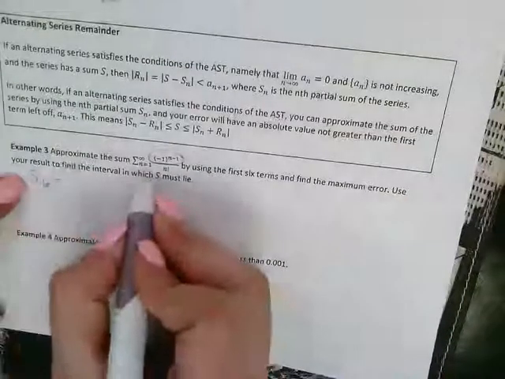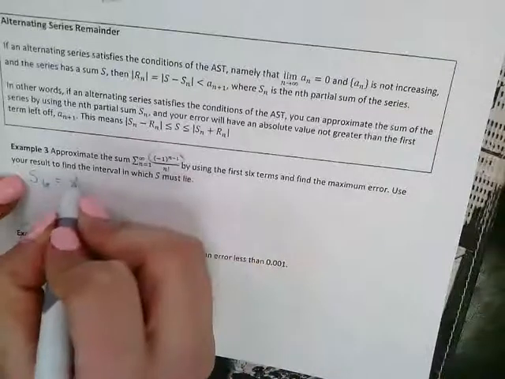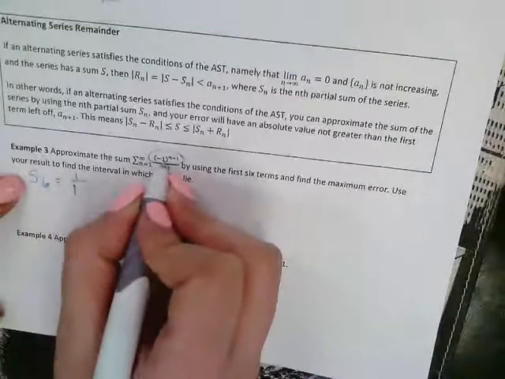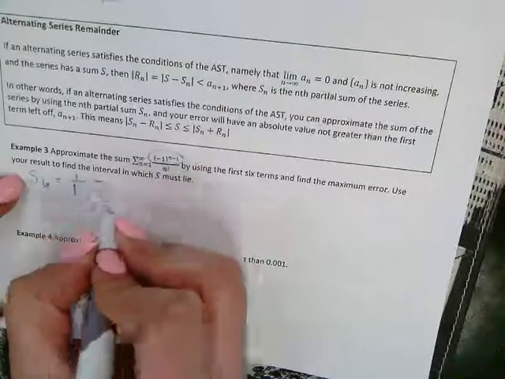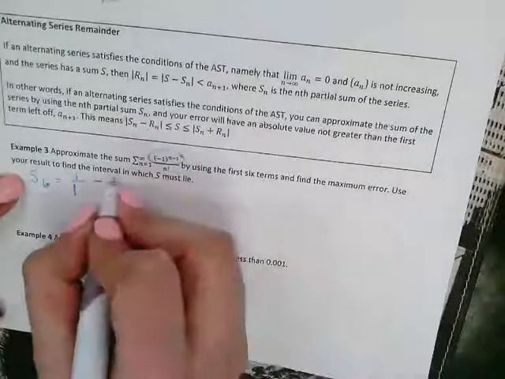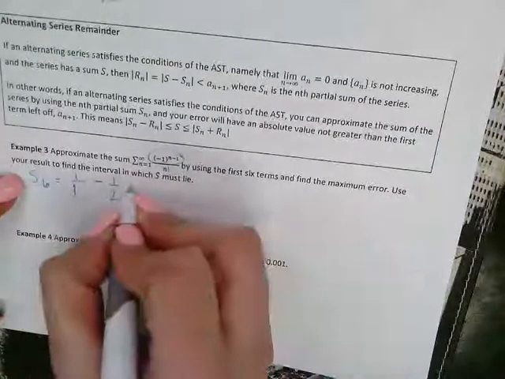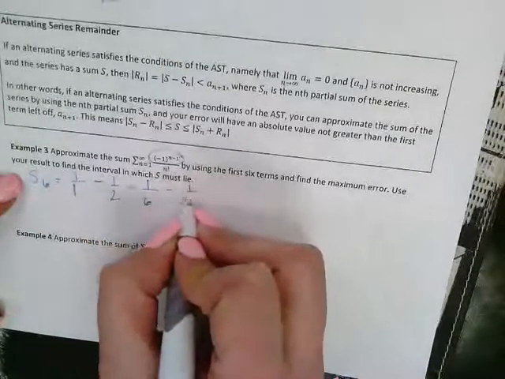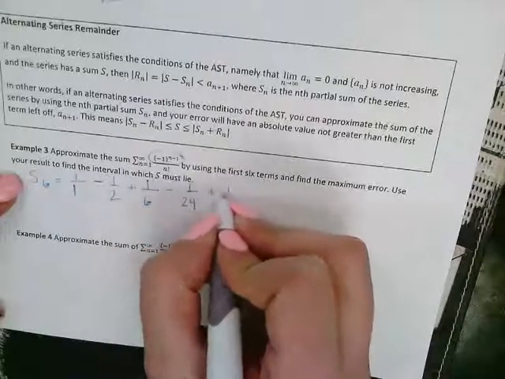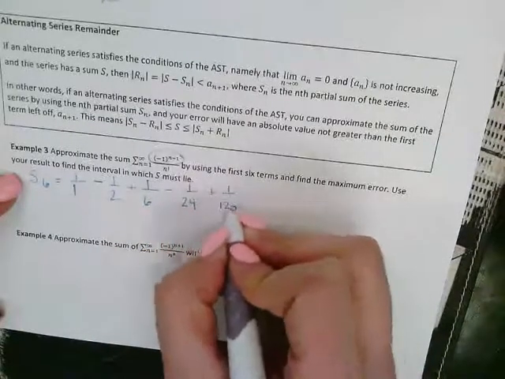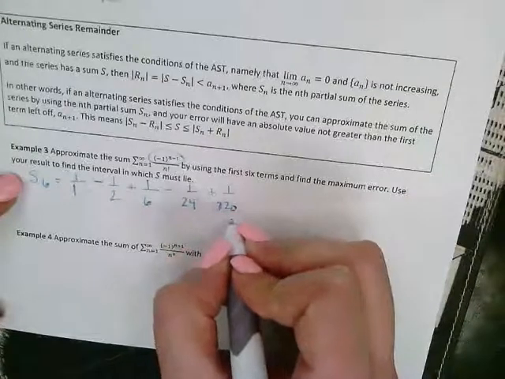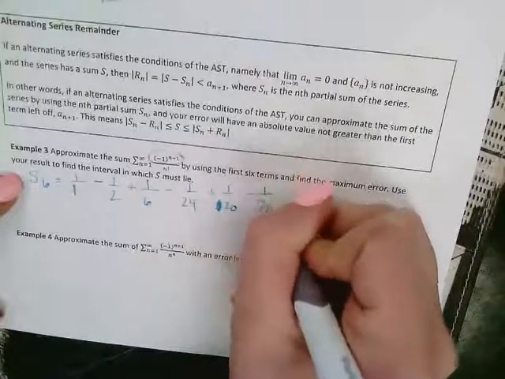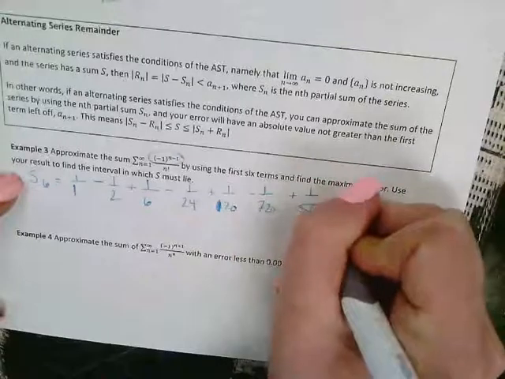That means the first term, when n equals 1, is going to be 1 over 1, right? So 1. Now, the alternator only tells us that our next term is going to be negative, and it's going to be 1 over 2. Then we're going to have plus 1 over 6, minus 1 over 24, plus 1 over 120, minus 1 over 720, plus 1 over 5040.